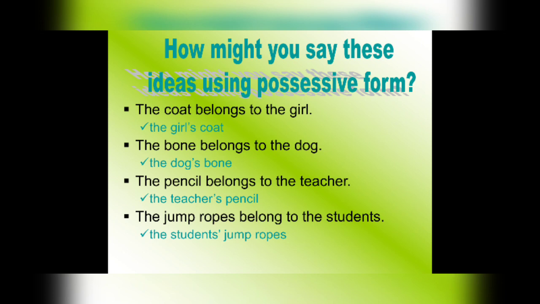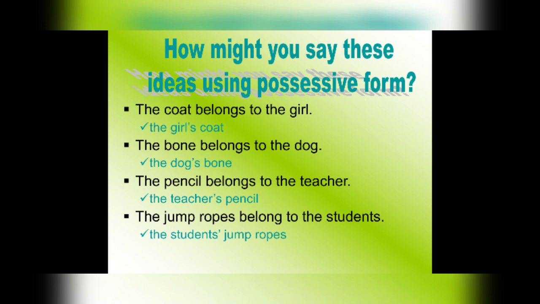The dog's bone. The pencil belongs to the teacher. The teacher's pencil. The jump ropes belong to the students. The students' jump ropes. So you can see how we have put these sentences in order to show the possession of those objects by various individuals by adding apostrophe s after the noun.